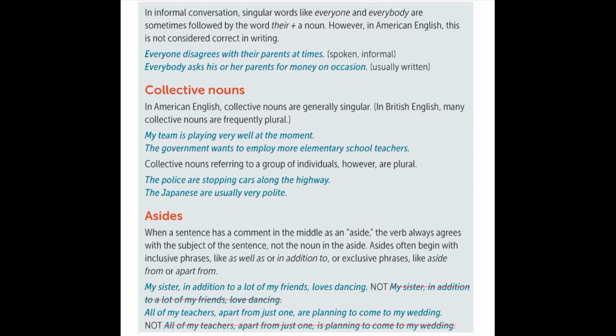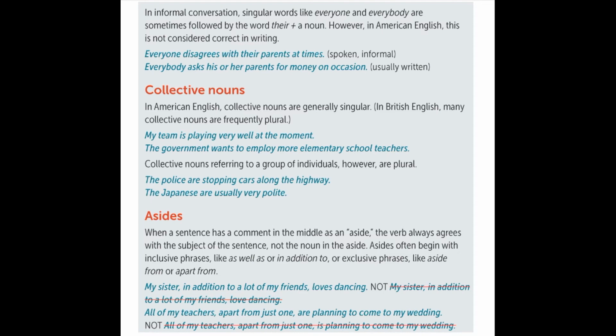Not my sister, in addition to a lot of my friends, love dancing, agreeing with the word friends. No, we don't agree with that. We agree with the subject. She. Alright? My sister. Another example. All of my teachers, apart from just one, are planning to come to my wedding.